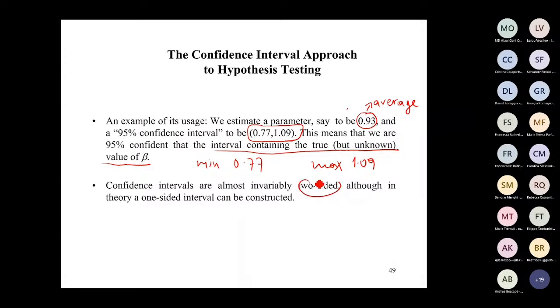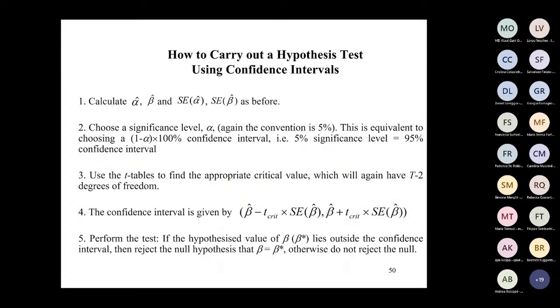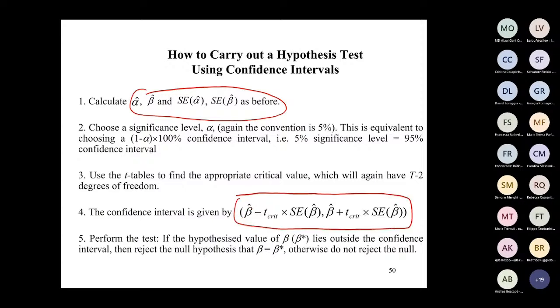Usually confidence intervals are two-sided. How do you construct confidence intervals? You calculate alpha hat, beta hat, and the standard errors. You choose the level of significance, for example, 5%, and the confidence interval is beta hat minus this product, beta hat plus this product.